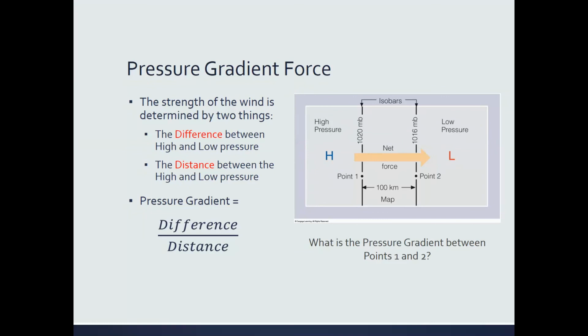So now I have 4 over 200. I've halved the pressure gradient force. So greater differences, stronger winds. Greater distances, weaker winds. Now, you're not going to have to calculate this on a test.